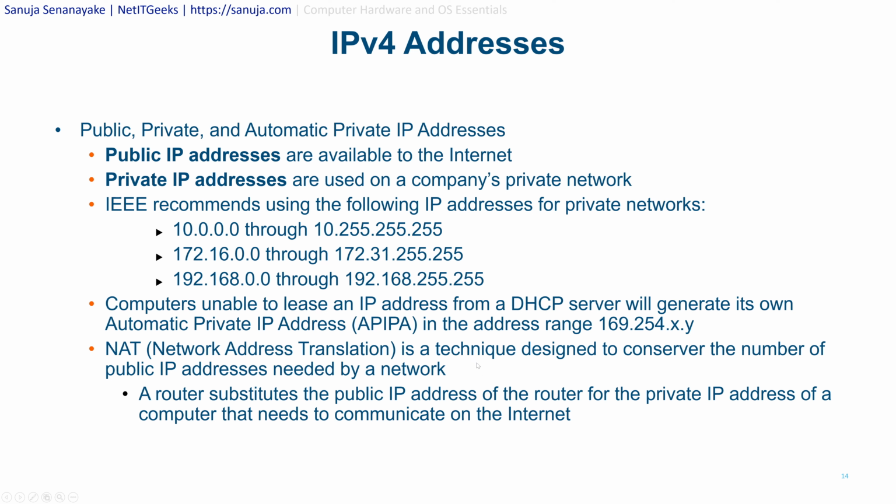Most homes only have one public facing IP address for the outside world. And how that works is with the NAT. So what happens is a router substitutes the public IP address of the router for the private IP address of a computer that needs to communicate to the internet.